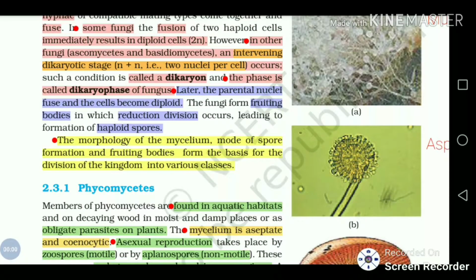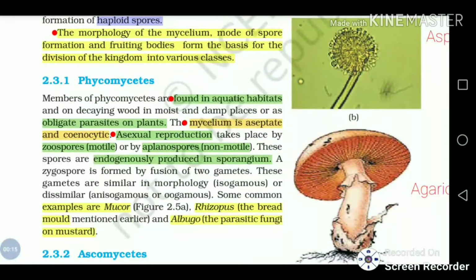So the next point is that the kingdom of fungi is divided into various classes depending on the morphology of the mycelium, mode of spore formation and fruiting bodies. So the first class is the Phycomycetes, and these are found in aquatic habitats and are also called obligate parasites on plants, and their mycelium is aseptate and cenocytic.